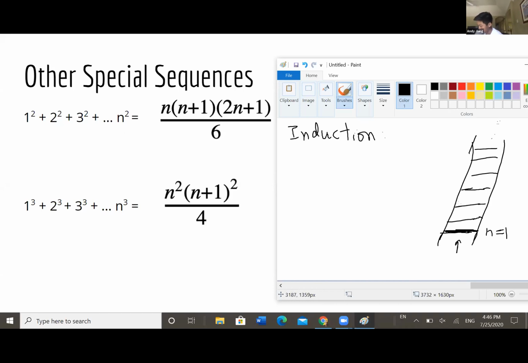So what induction does is, now if I can get to any certain rung, so let's say this one, is it possible for me to prove that the next one is also true?